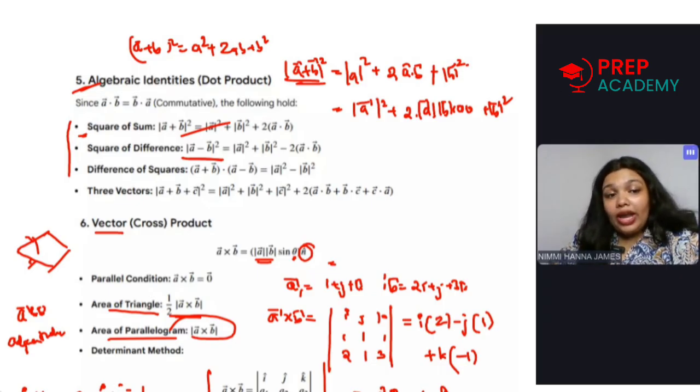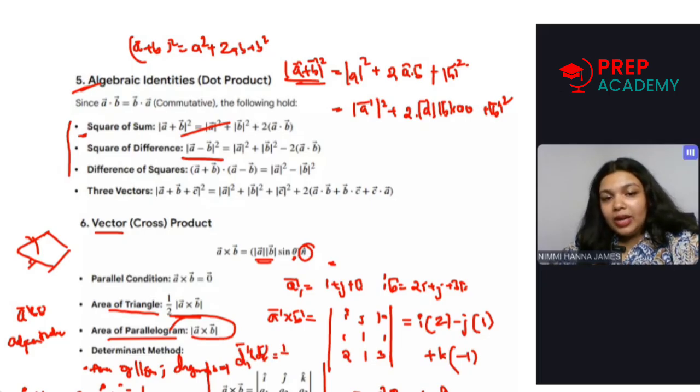Area of parallelogram if diagonals are given. In some cases we get the diagonals. If two adjacent sides are given, you can use the previous equation. If two diagonals d1 vector and d2 vector are given, we find it using 1 by 2 modulus of d1 cross d2.